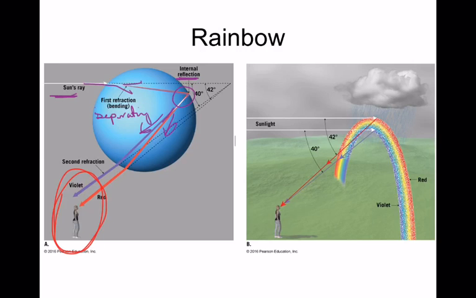Then we have one more refraction. Why do we have that last refraction? Because it's going from liquid to air now. So it has this characteristic refraction, reflection, refraction. That is so cool. I just think that's neat.